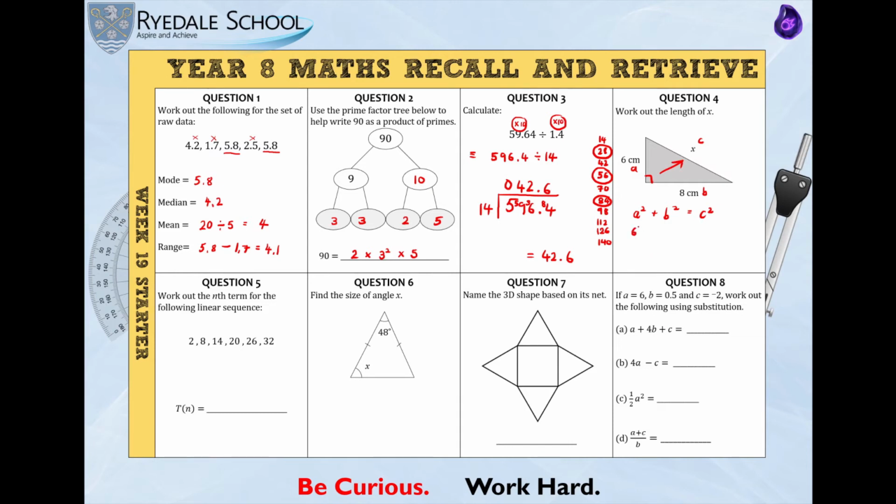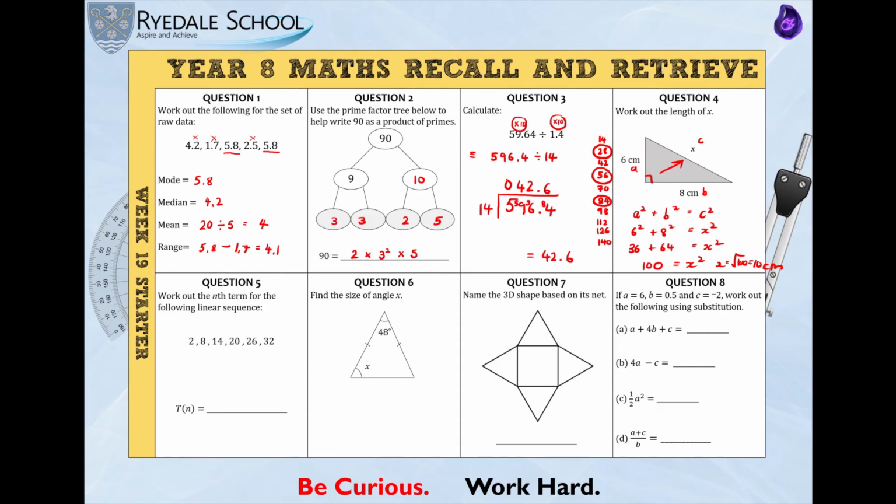So I've got 6 squared plus 8 squared equals x squared. 6 squared is 36. 8 squared is 64. And that equals x squared. So we've got 100 equals x squared, just adding those together. So x is going to be the square root of 100, which is 10 centimeters. One of those nice Pythagorean triples.